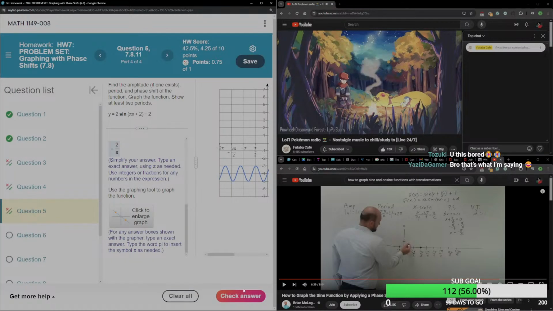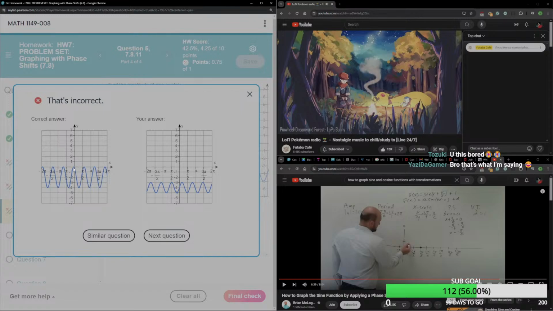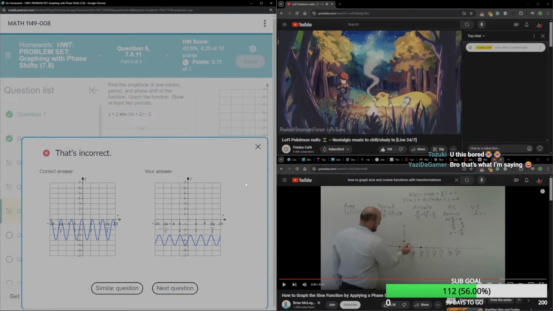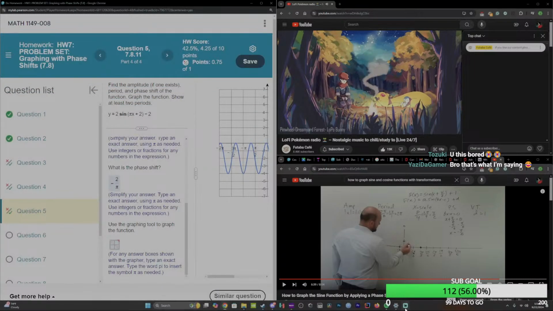Let's let it fly. Just don't know where to begin. For it to have gone down 4 units. Oh, down 2 units. Okay. I was still looking at the wrong problem. Okay.